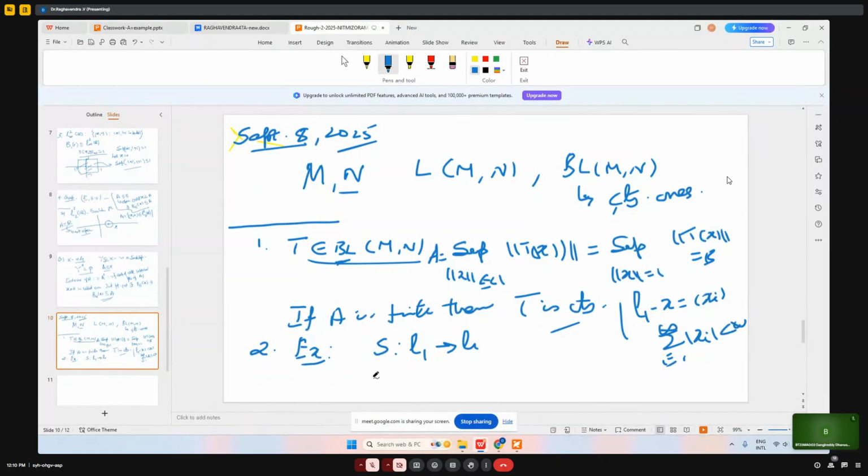This map you define as a shift. Let me shift it to the left. Last time I had told you right shift. I'll shift it to the left. That means it is x2, x3, etc., x_n, and so on. You are shifting it to the left, therefore that x1 will disappear.